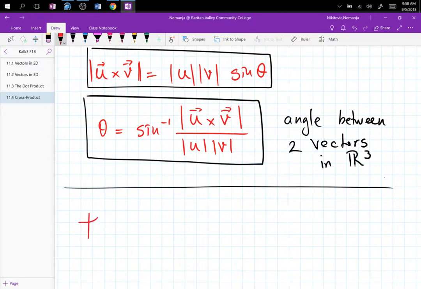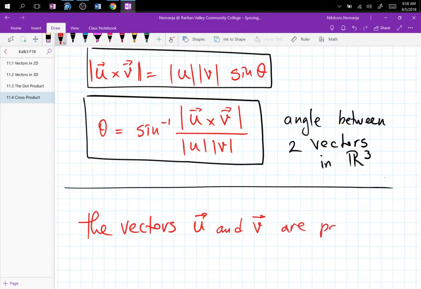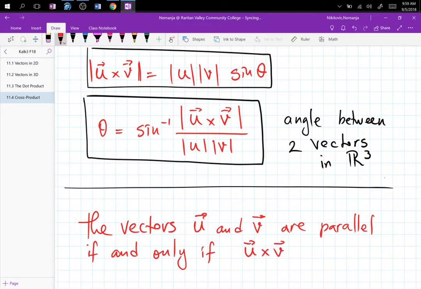So the vectors u and v are parallel if and only if u cross v is equal to the 0 vector.